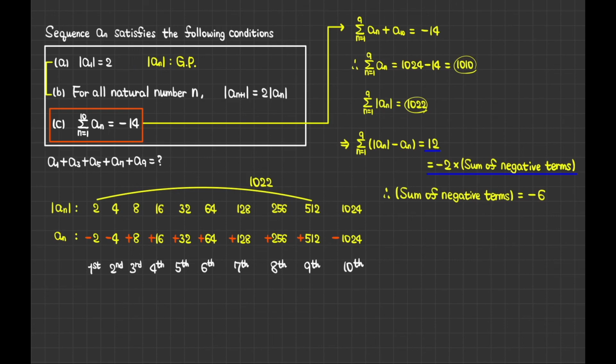So the question is asking you for the sum of the odd terms, right? The first term, third term, fifth term, seventh term, and ninth term. So therefore, the sum of the odd terms is minus 2 plus 8 plus 32 plus 128 plus 512.